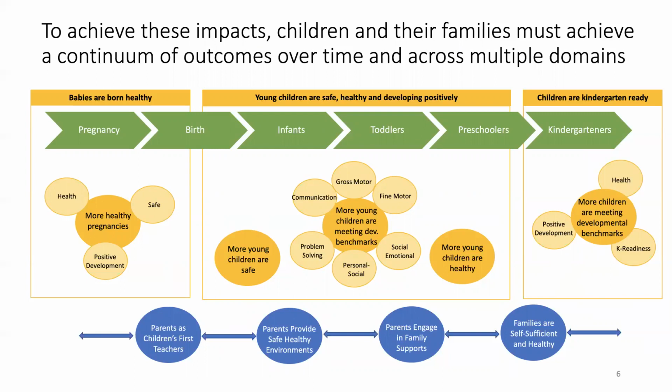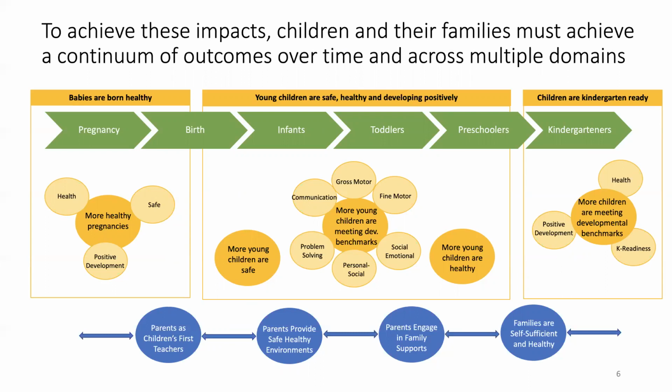These go across a continuum from pregnancy through entry into kindergarten. And along this continuum, there are a number of outcomes grouped in similar domains across all 3 impact areas. And these reflect some of the areas of outcomes that we hope all children will achieve.